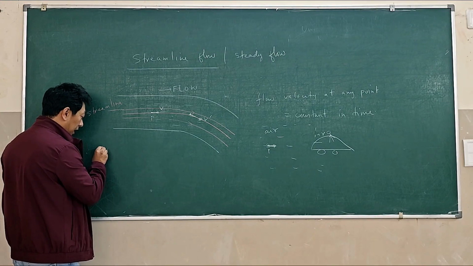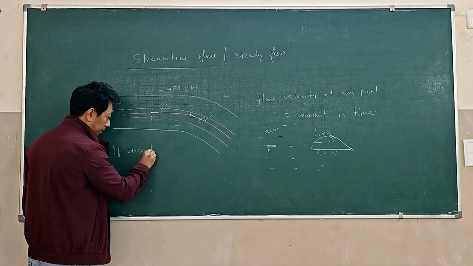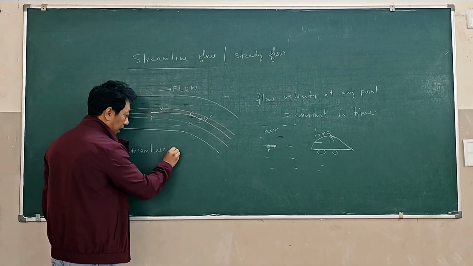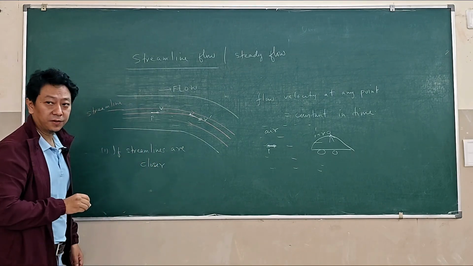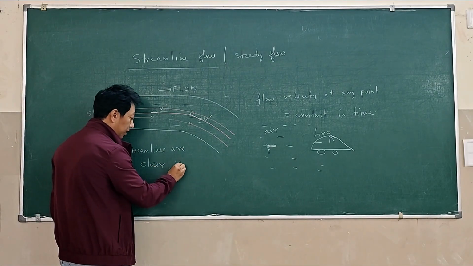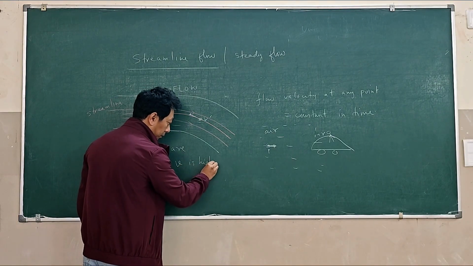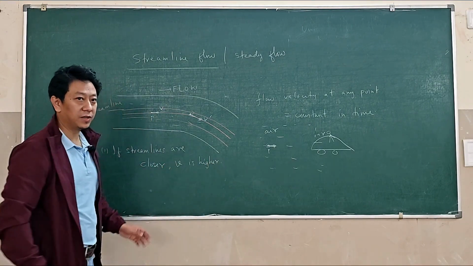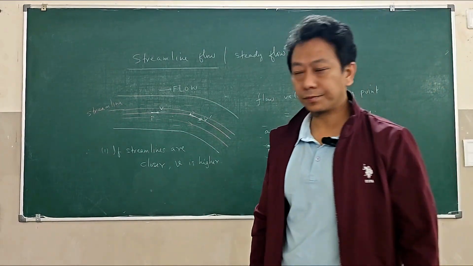If streamlines are closer in a given region, then it means velocity there is higher. Why is this so? We will see a little bit later in the equation of continuity.